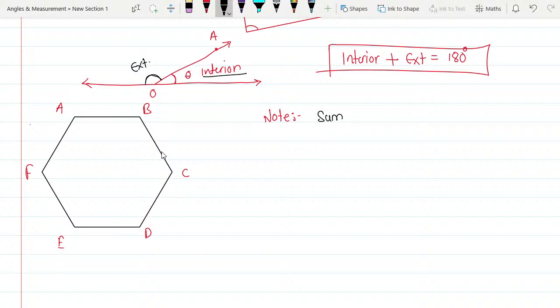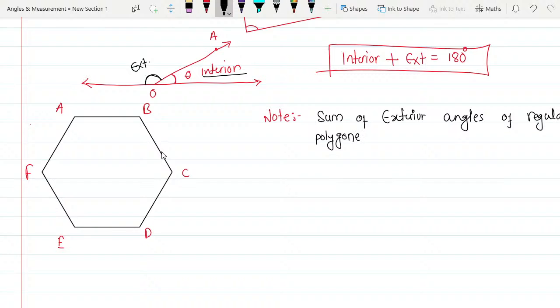the sum of exterior angles of a regular polygon. Polygon means what?